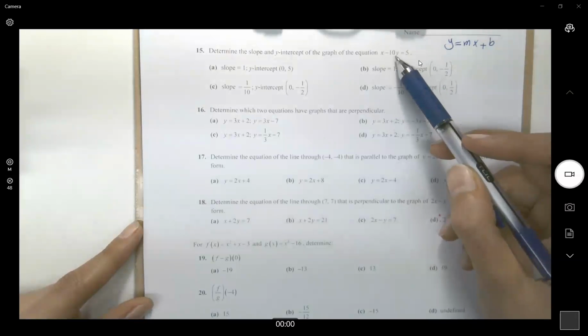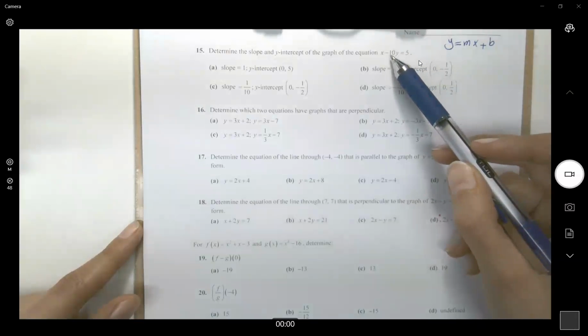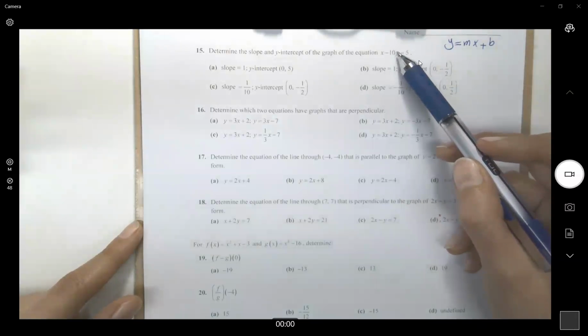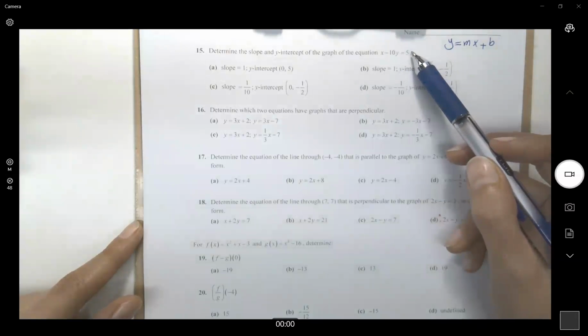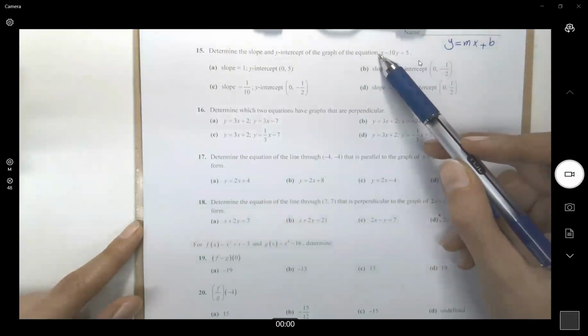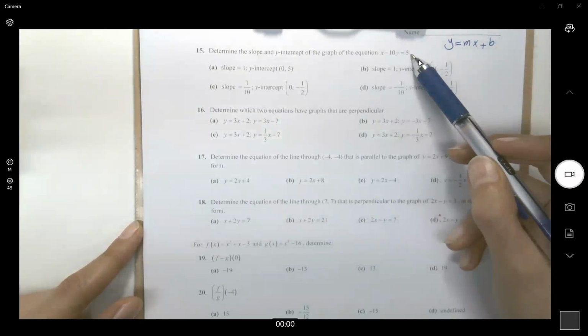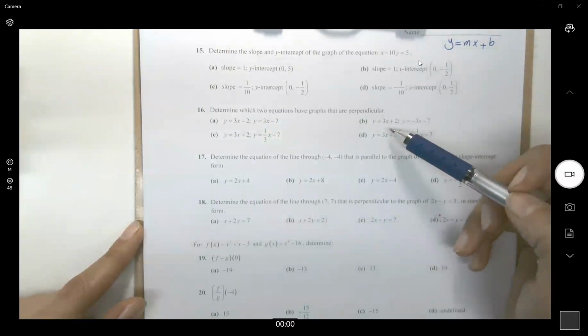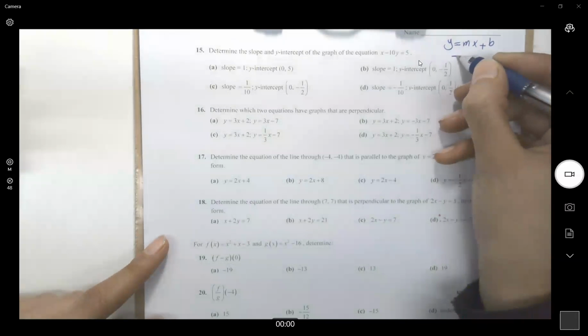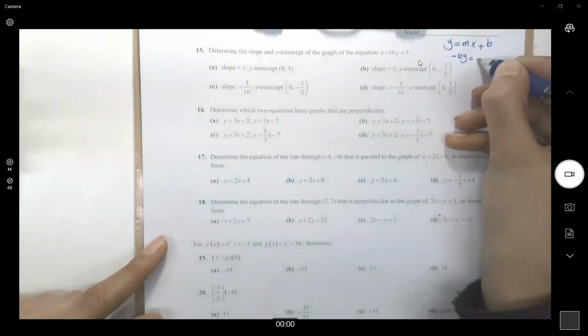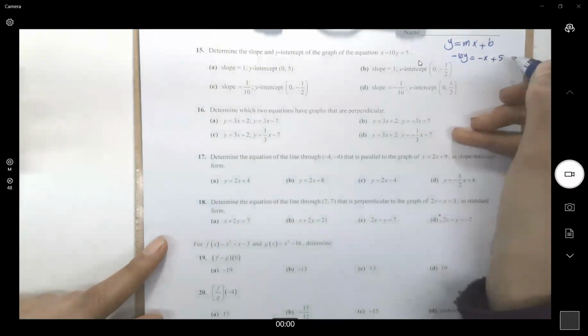Isolate y. How? You can bring 10y to the other side and bring 5 to the left-hand side, or you can just bring x to the other side and then divide by -10. So -10y becomes minus x plus 5.